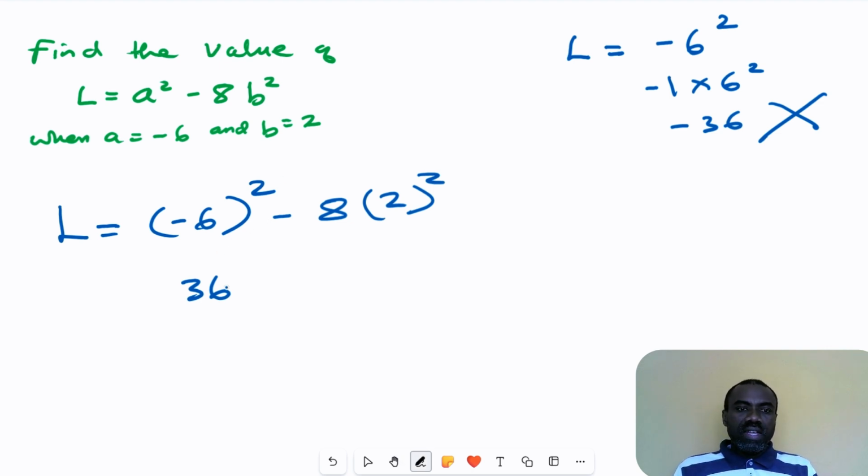So here, 36 minus, again here, this becomes 4 times -8, which is minus 32. And then we can now solve this: 36 minus 32 is 4. So that becomes the correct answer.